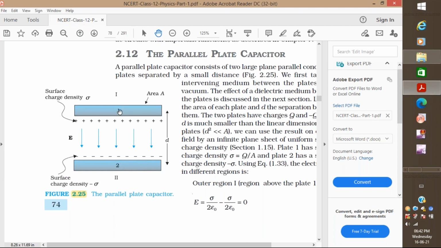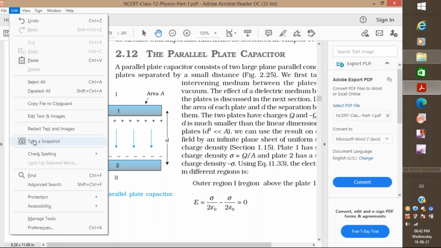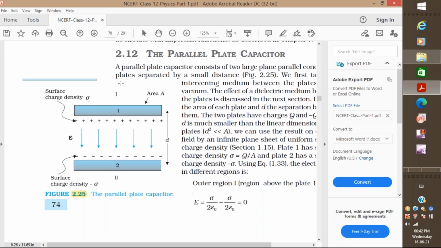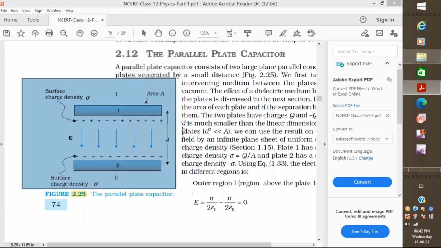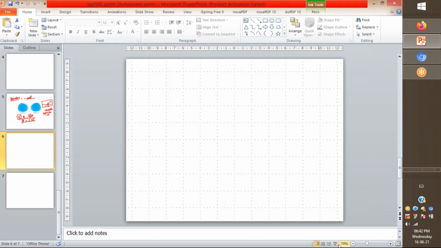Two parallel plates having the same area A, but they are oppositely charged and their charge densities are the same, but with opposite sign. I'll just take this figure to my presentation so that I can write on it.